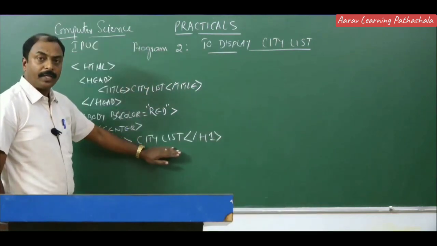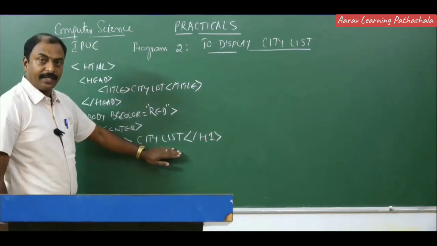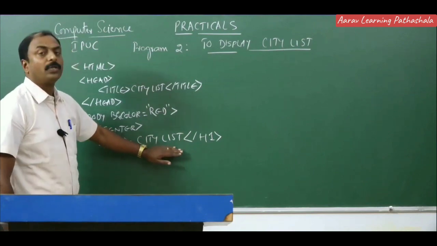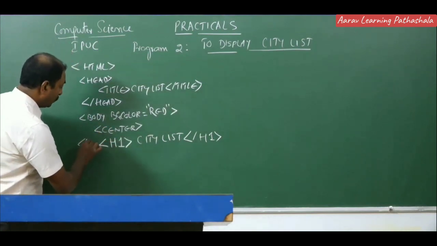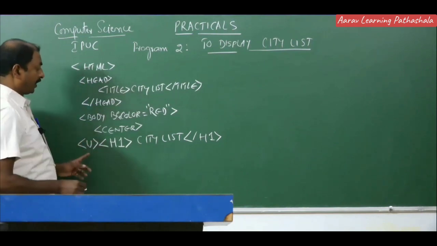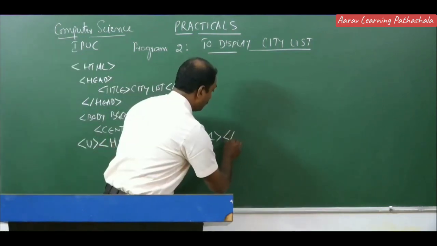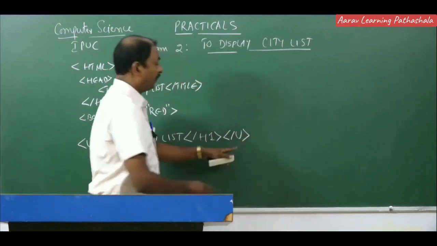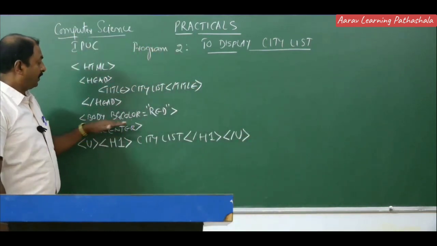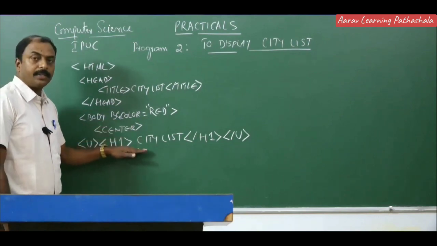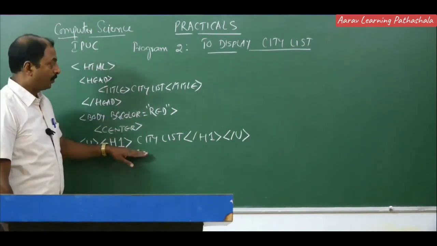If I want to make this underlined, because this is a heading, I can make use of U. This stands for the underline tag. I have to close with /U. All the content from here onwards appears at the center of the web browser window.